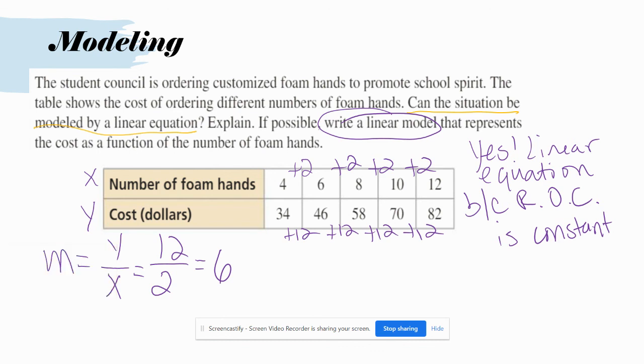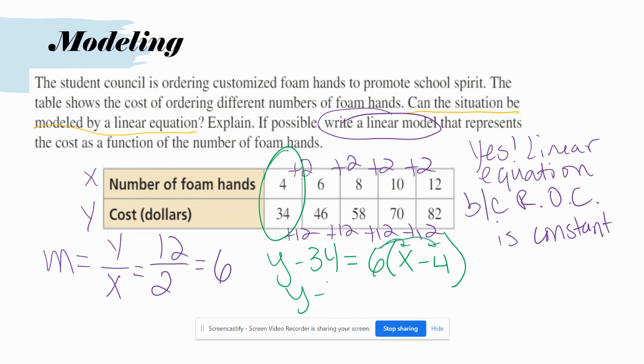I'm going to start with point slope form. You can pick absolutely any of these ordered pairs that you want to. Let's see. I'll just pick the first one. So y minus 34 is equal to 6 times x minus 4, because this ordered pair was 4, 34.